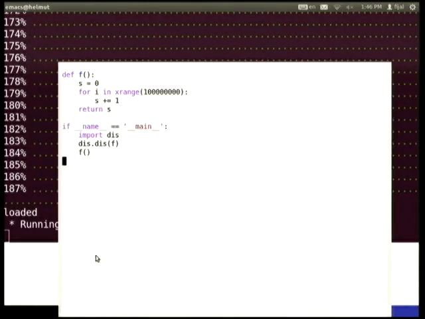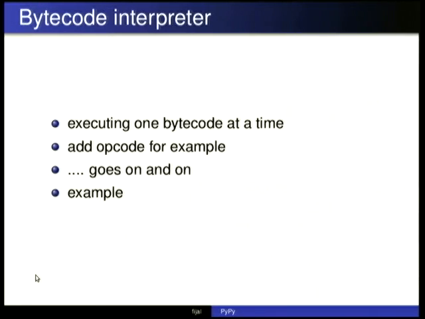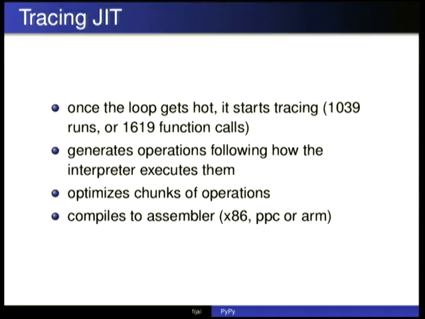Slides. So you execute bytecode and you do things. Then the loop gets hot, and after about 1039 runs or 1619 function calls, you start tracing the function or loop and generate operations as the interpreter would execute them.